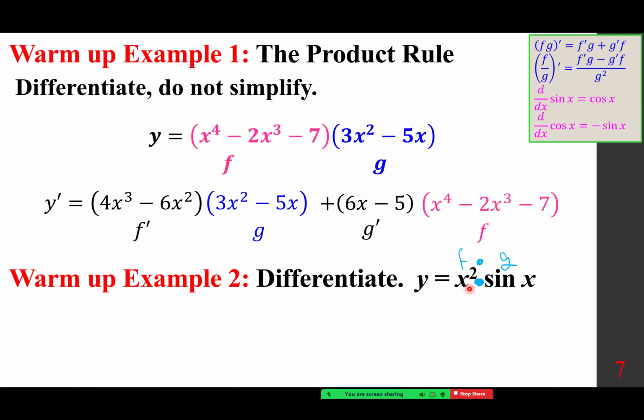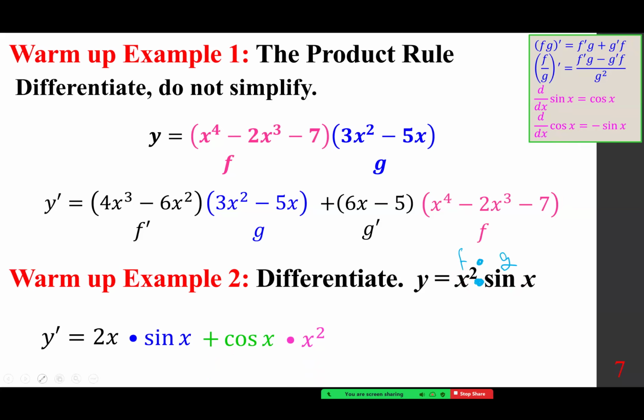So this is the first function. Differentiated, you get 2x times the second function g. So this is f prime times g, the sine x. And then the second function, you're going to differentiate, g prime, the derivative of sine. Remember, the derivative of sine is cosine, the derivative of cosine is negative sine. So you take the derivative of sine, you get cosine x times f, the first function unchanged, times x squared.